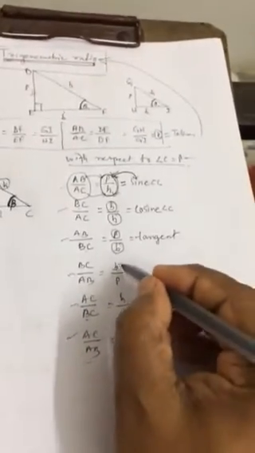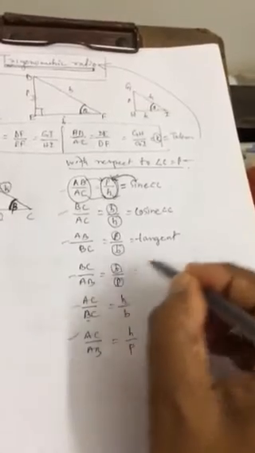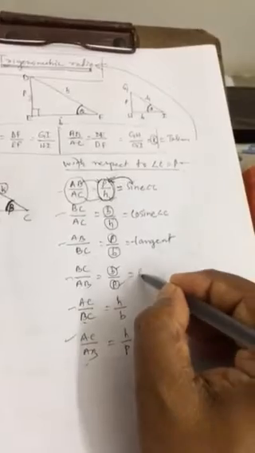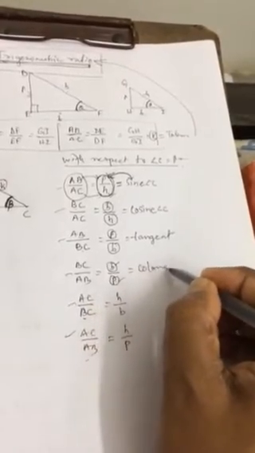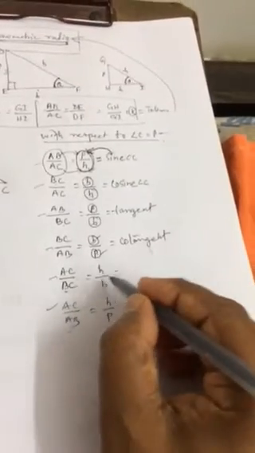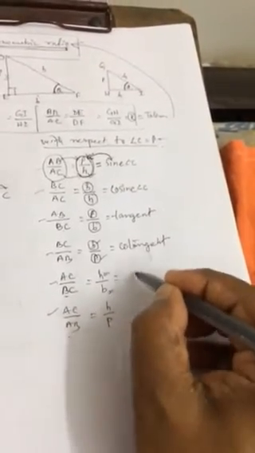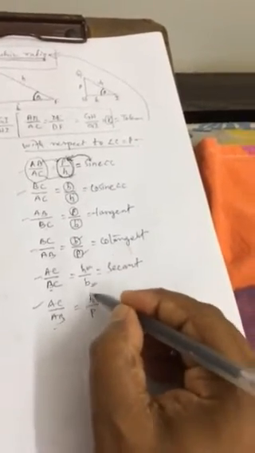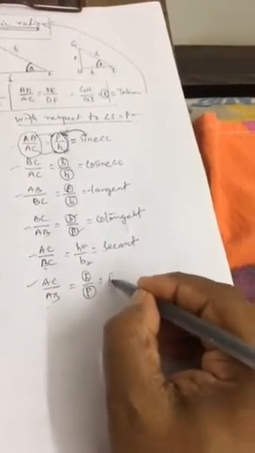The ratio of base and perpendicular is called cotangent. The ratio of hypotenuse and base is called secant, and the ratio of hypotenuse and perpendicular is called cosecant.